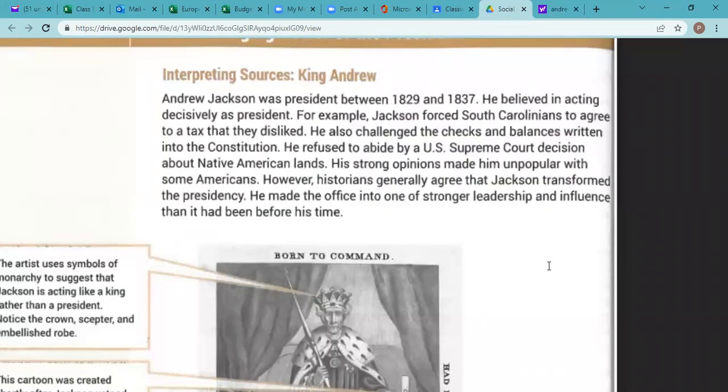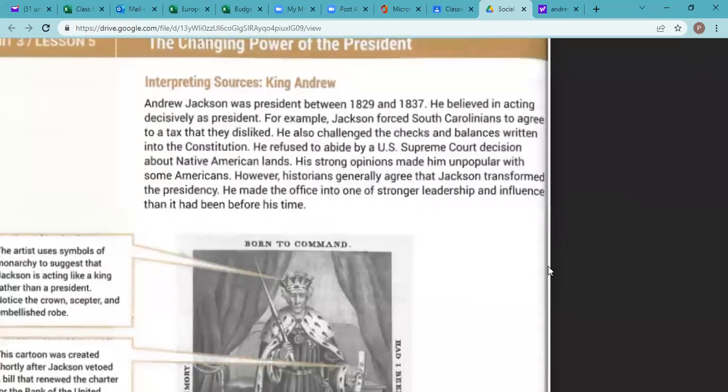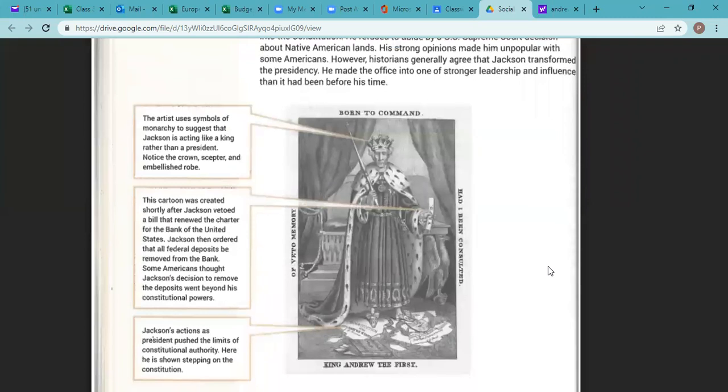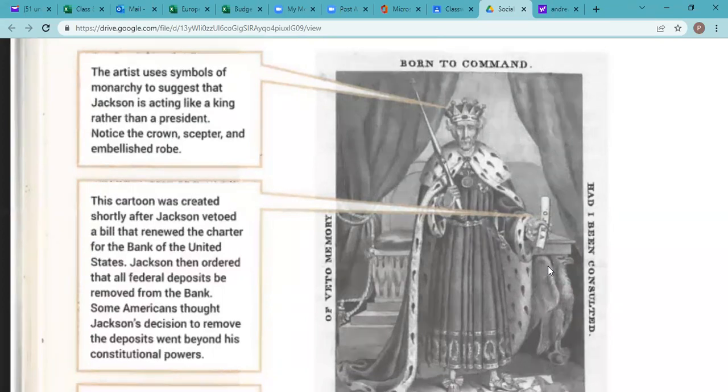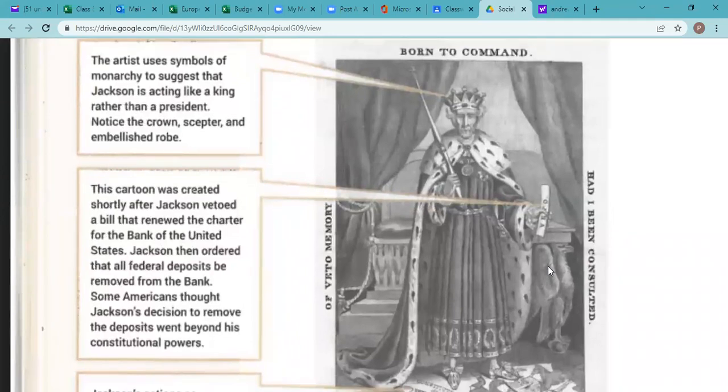Andrew Jackson. And it says here in this picture, the artist uses symbols of monarchy to suggest that Jackson is acting like a king. Notice the crown and look at his embellished robe. Okay.